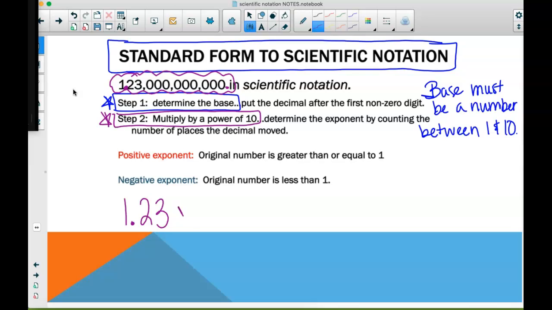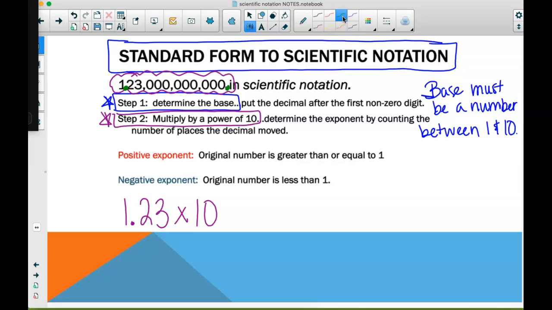Okay, so I'm going to put times, and we're just going to use an X for times. 10 to some power. Okay, now we have to decide what power that is. And to decide that, we're going to count how many places the decimal moved. Okay, the decimal started off at the end of the number right here, and it moved all the way to here.